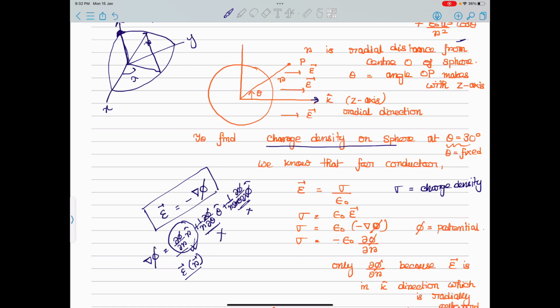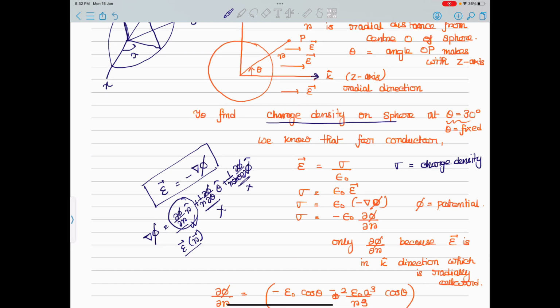So sigma becomes minus epsilon naught delta phi by delta R. I have written here only delta phi by delta R because E is in the k cap direction, which is one of the radially outward directions. It is not varying in the theta direction or in the phi direction.